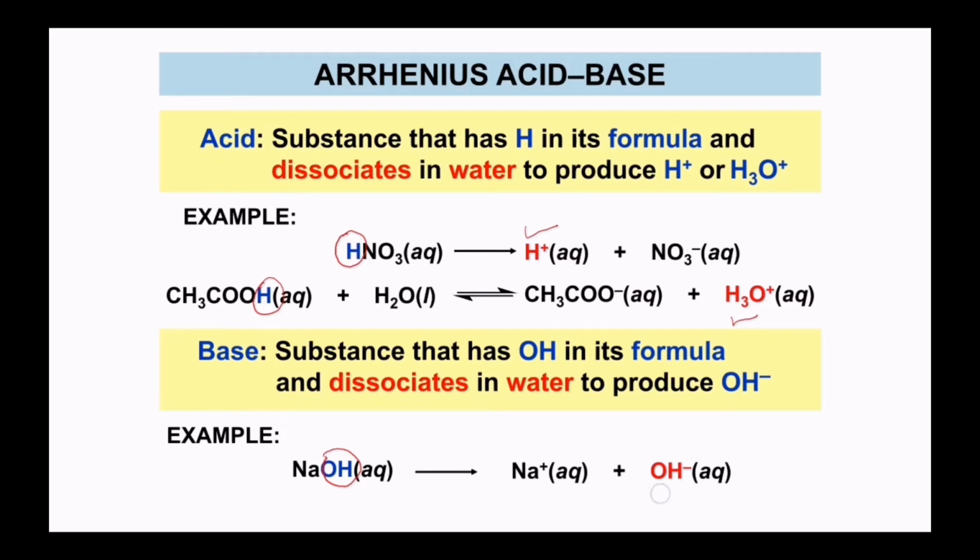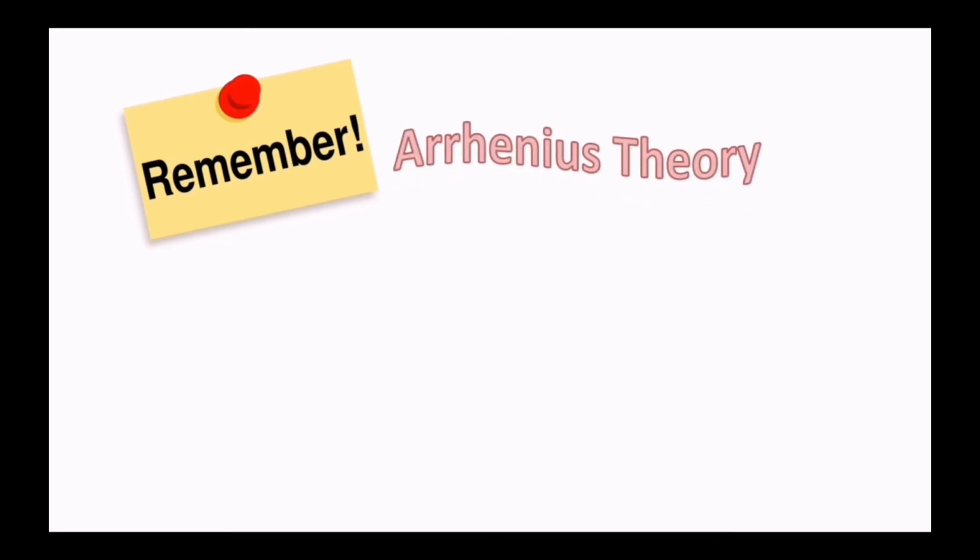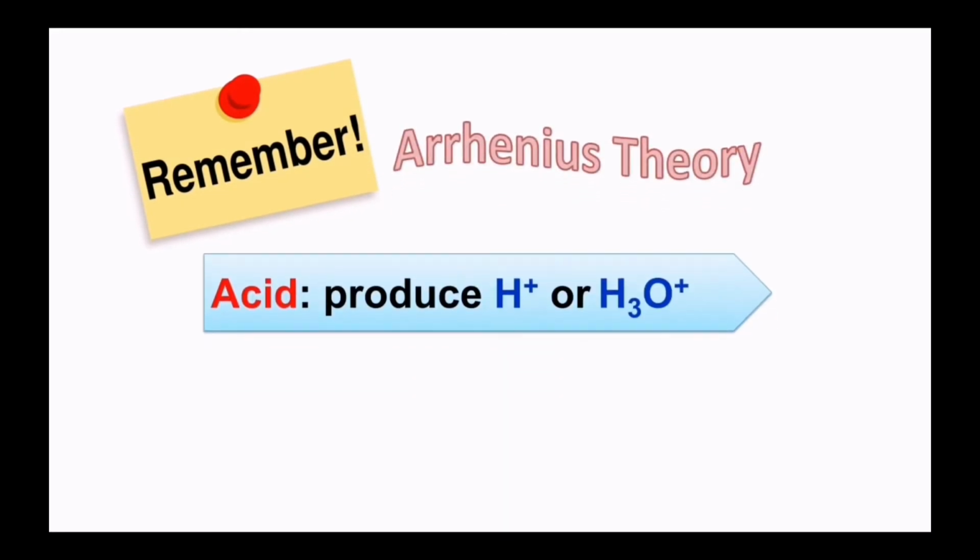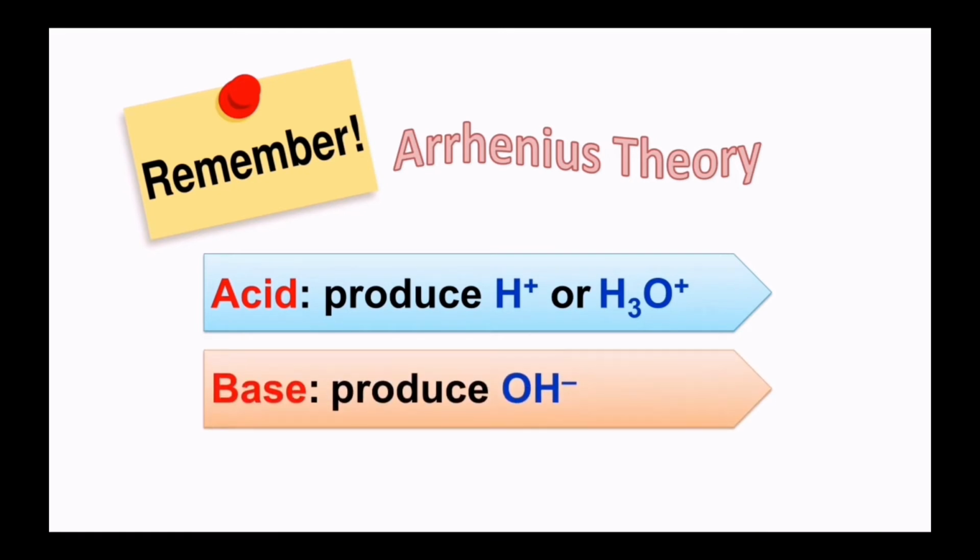So that makes NaOH, which is also known as sodium hydroxide, a base. Remember, based on Arrhenius theory, acid produces H plus or H3O plus ions. Meanwhile, base produces OH minus ions.